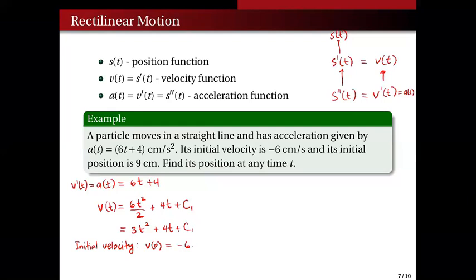And therefore, negative 6 equals v of 0, but this is your function. So you'll just have 3 times 0 squared plus 4 times 0 plus c sub 1, and this is just your c sub 1. Therefore, v of t is 3t squared plus 4t minus 6.